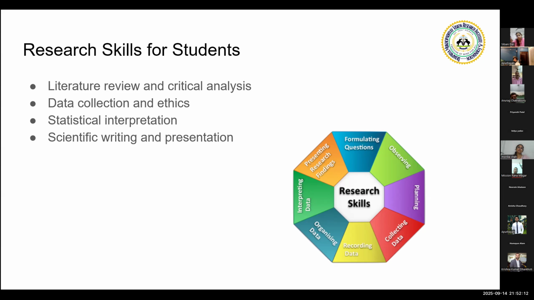See, if you are interested in something, I've told this in the beginning, if you're interested in anything, anything means anything, you first explore your topic. Your topic means your keyword. Suppose you have said myopia. You type myopia, and there are lakhs of studies that will come, from the primitive era.